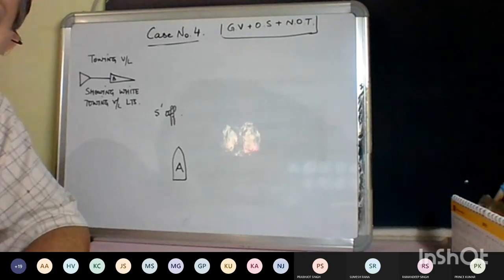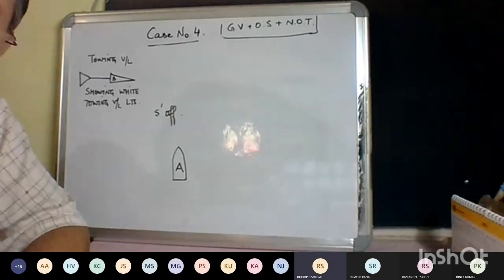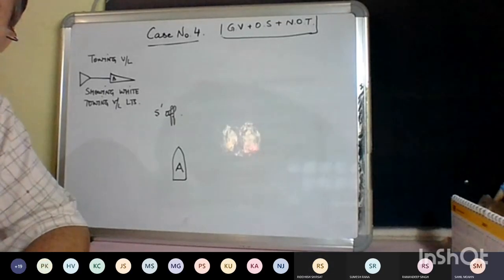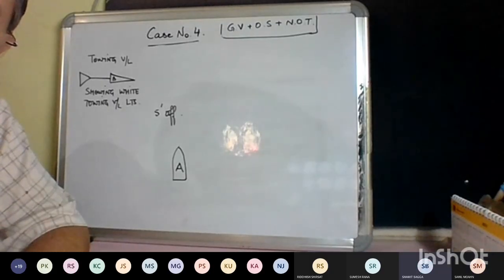I will alter to starboard. Okay. Riddhish. Yes, sir. Alter to starboard as per rule number 18. Sahil Mohan. Sir, I'll maintain my course and speed.